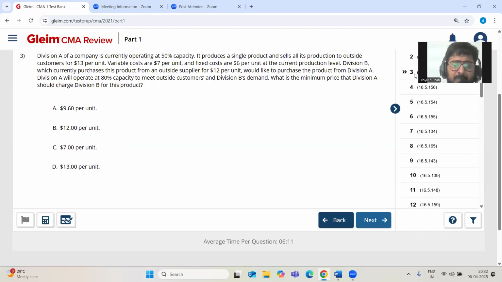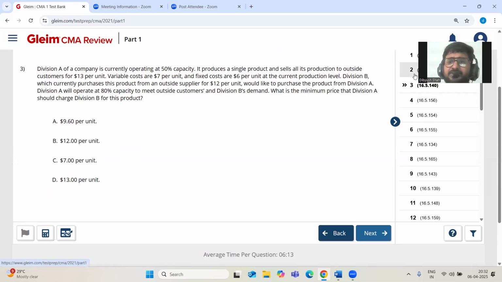Question 3. It says Division A of a company is currently operating at 50% capacity. So if the capacity is 10,000 units, they are only making 5,000 units. It produces a single product.